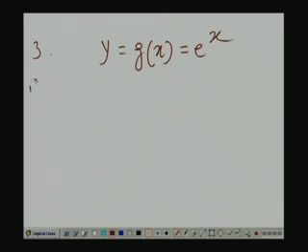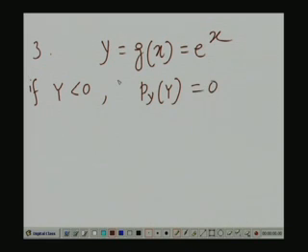So, that means, if y, in fact, this can never be 0 also, if we are not considering minus infinity. Anyway, if y less than 0, obviously p y is 0, because that is an impossible event. There is no x for which you can get e to the power x equal to some negative number.